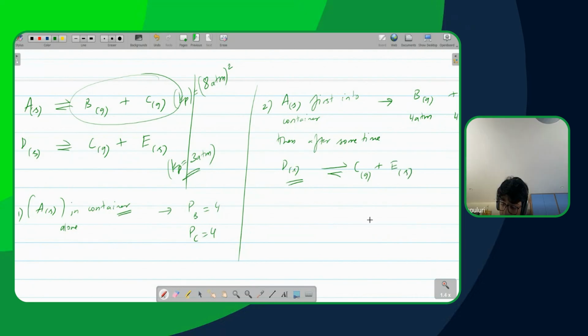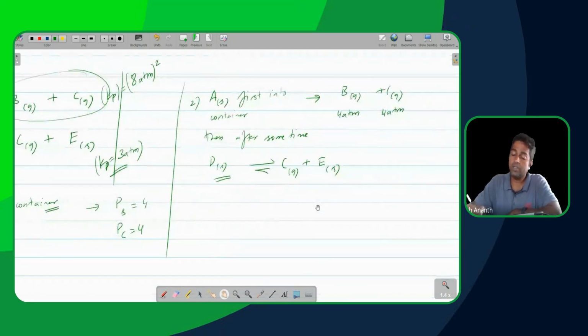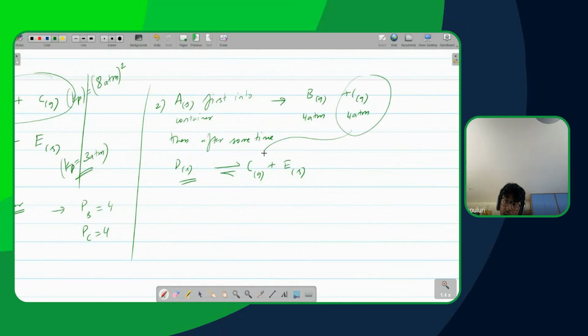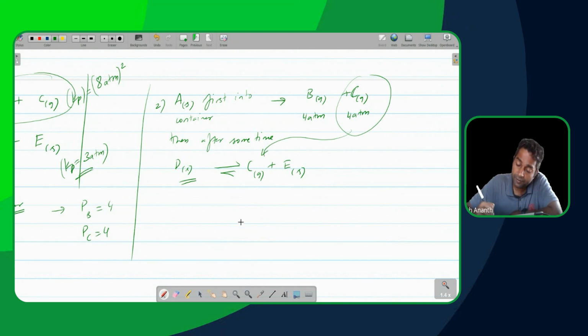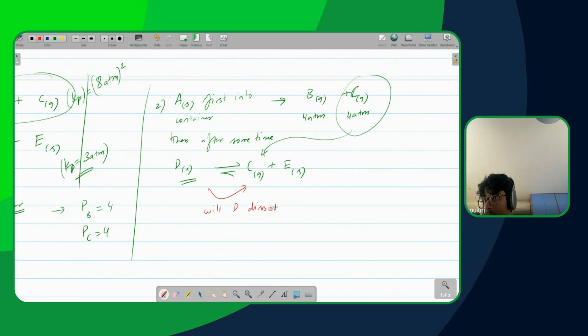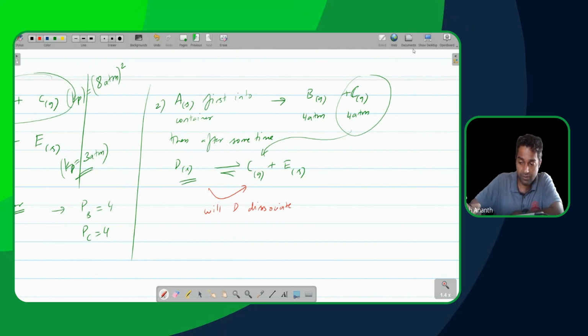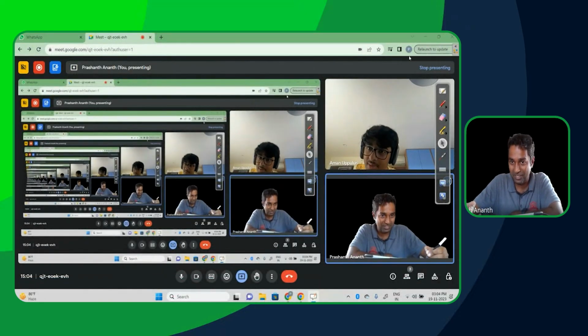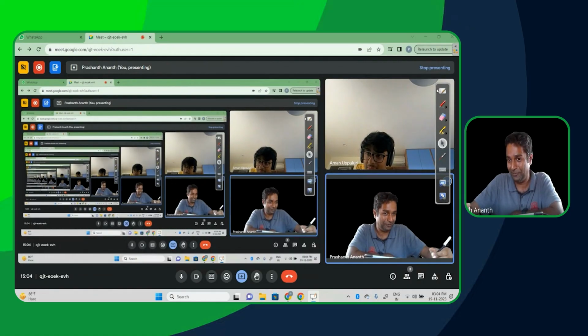But what is my partial pressure of C gas now? It'll be 4, already 4. So if it is already 4 here, will I have D dissociating? No, not much. Be very specific with terminology. Don't give me messed up terminology. This is not chemistry we are discussing, this is math we are discussing now.